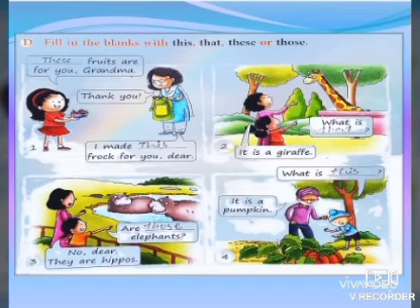Now let's look at the picture example. Here you can see in picture number 1 there is a girl in a red dress and there is a grandma. Now what does the girl say? Dash fruits are for you, grandma. Fruits are plural and near to her.